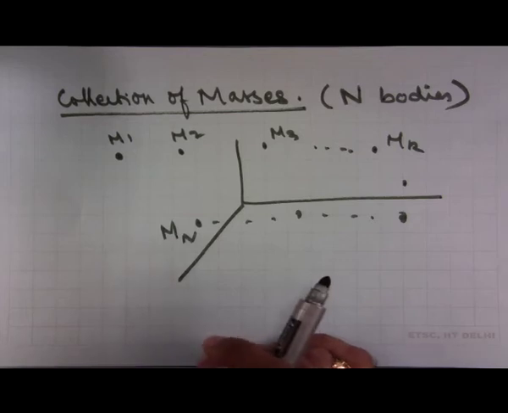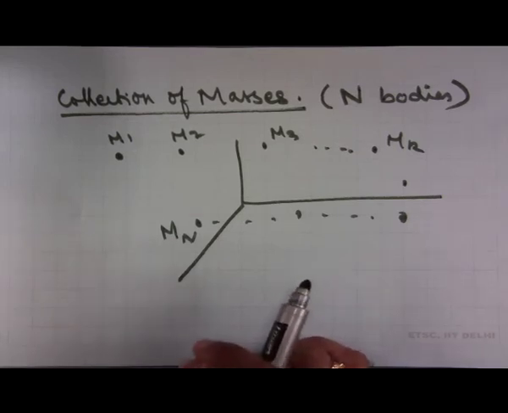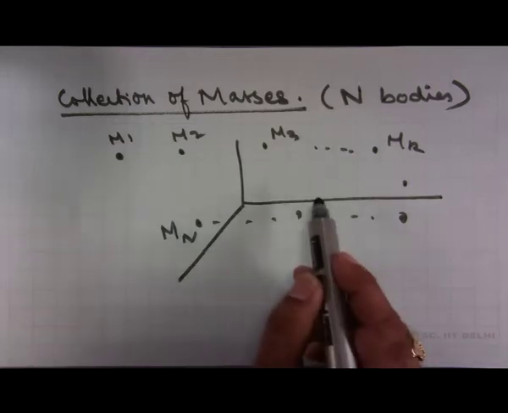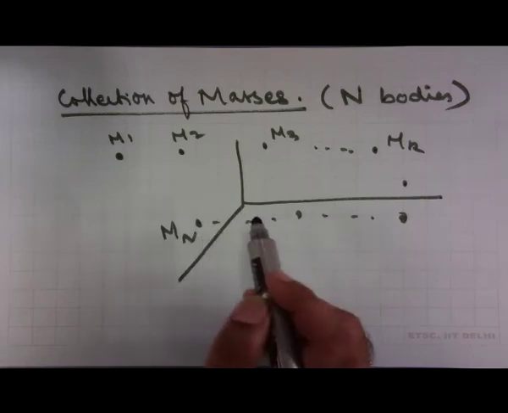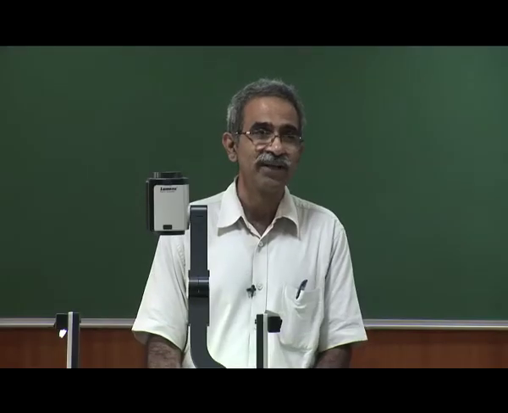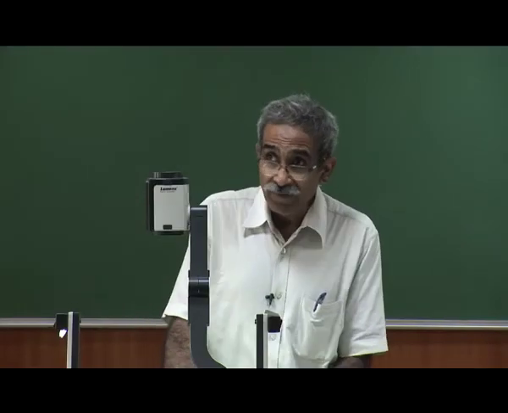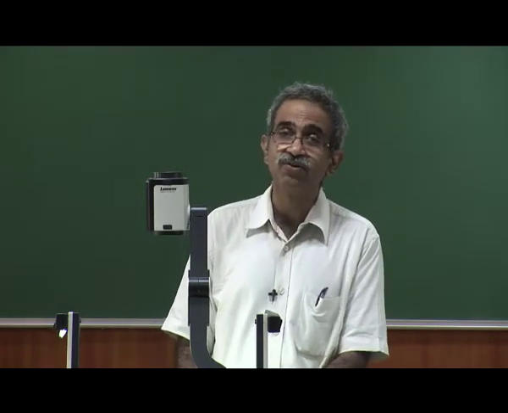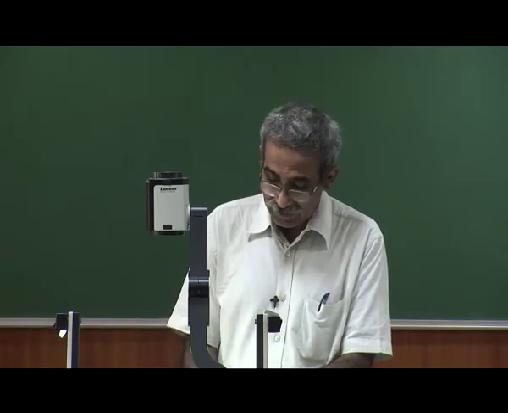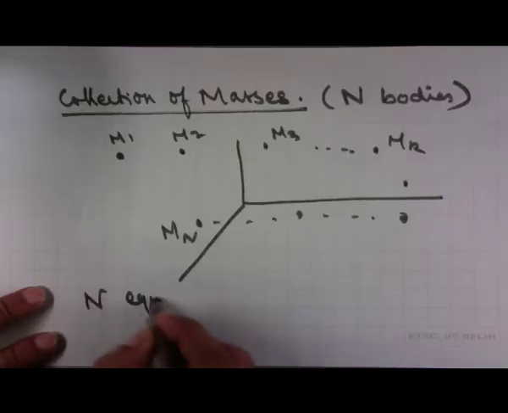So if I write Mk, k goes from 1 to n. Now each of these bodies interacts with every other body through the gravitational force. That is the principle of superposition. So if I were to ask you to write down all possible forces, how many equations would we write? There would be n equations of motion.